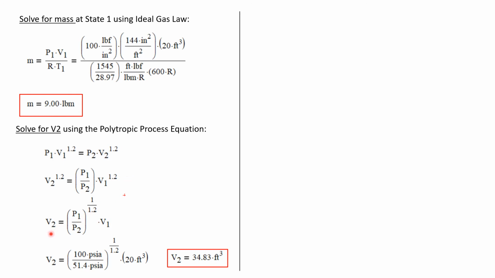I will now raise both sides of the equation to the 1 over 1.2 power, and that will leave me with V2 is P1 over P2 raised to the 1 over 1.2 power times the original volume. So I end up with V2 is 100 psi divided by 51.4 psi, that expression raised to the 1 over 1.2 power times the original volume of 20 cubic feet. And I get a final volume of 34.83 cubic feet.